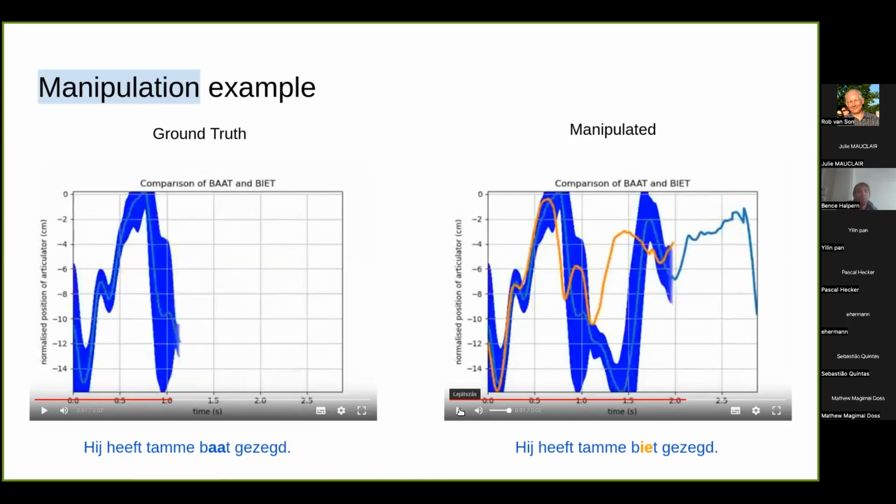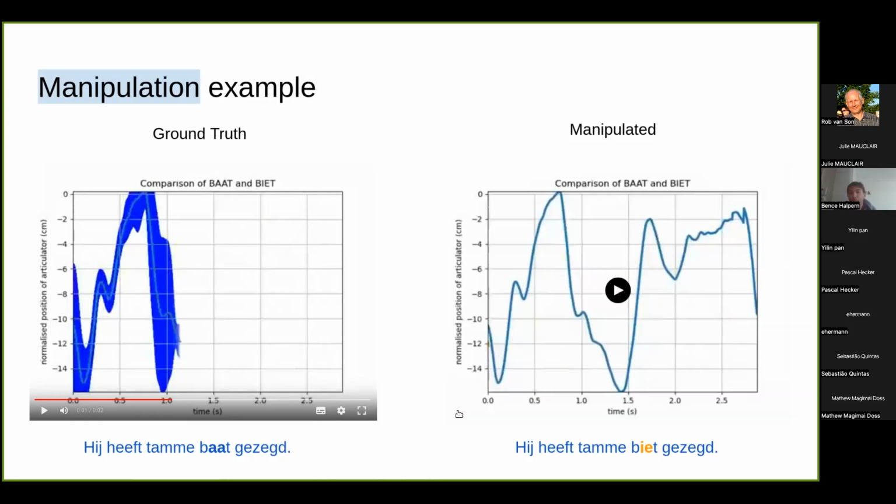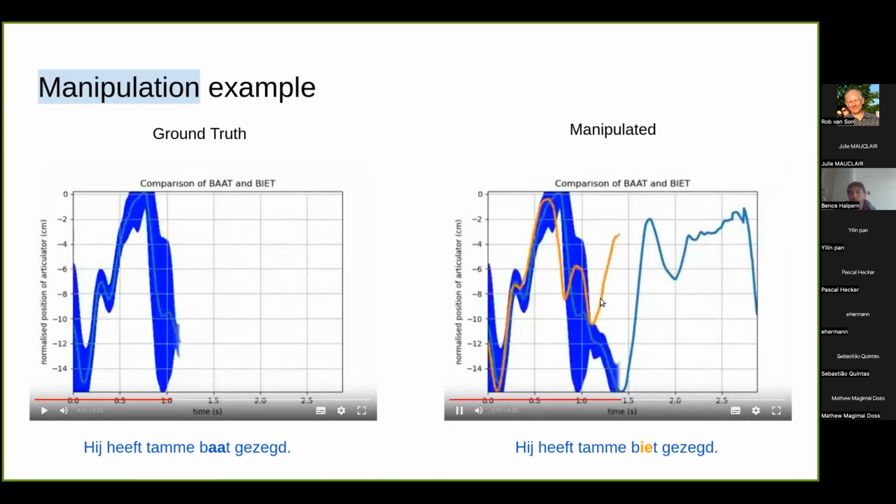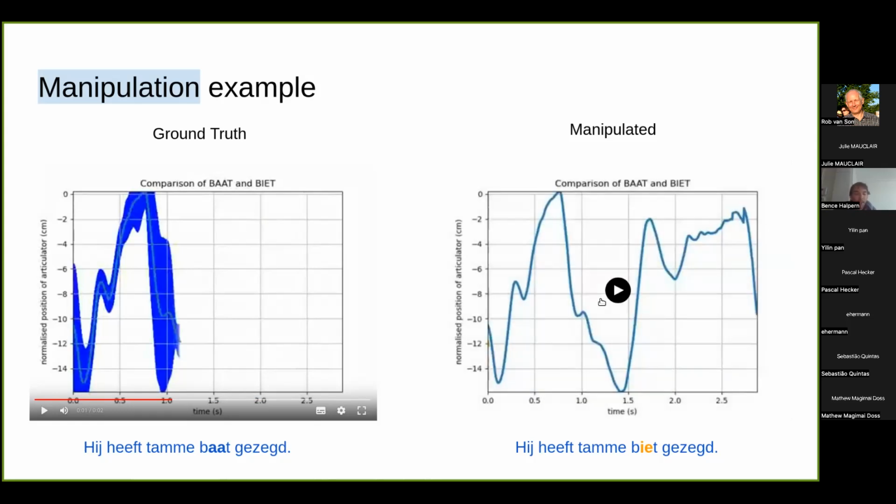We are interested whether that results in a sound that corresponds to the change that we want to make. In that case, we are moving from bass to beat, and you can see that the middle of the trajectory differs, and because it differs, we hear a different sound, so it moves away from bass to beat.